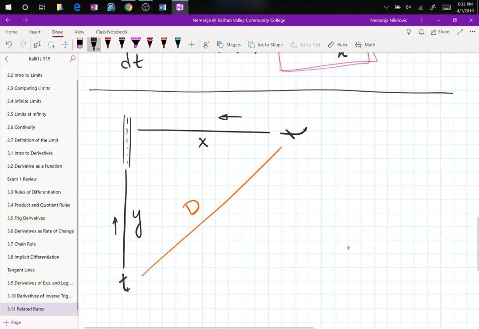Good. What are the formulas that we could use from the triangle? Which one? Pythagorean theorem? Yes, great. What else do we have for a triangle?